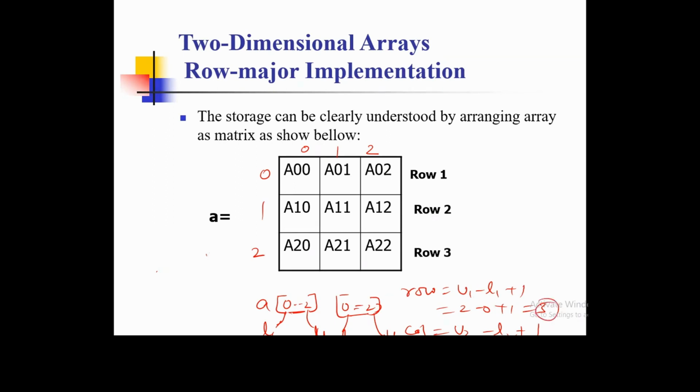So 3 rows and 3 columns with a total of 9 elements, 3 into 3. The number of elements in the array will be m cross n, the number of rows multiplied by the number of columns, that is, the number of elements in the first dimension multiplied by the number of elements in the second dimension.